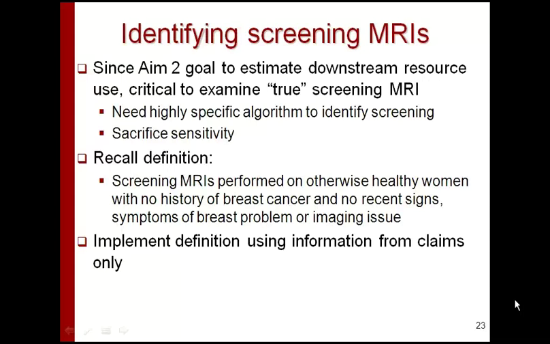They have different rates of follow-up. So we wanted a highly specific way of identifying screening breast MRIs, and we're willing to sacrifice sensitivity. We're willing to have smaller samples as long as we're sure that the ones in our sample are truly screening MRIs. So we worked from our definition to redefine our algorithm for just identifying screening MRIs.